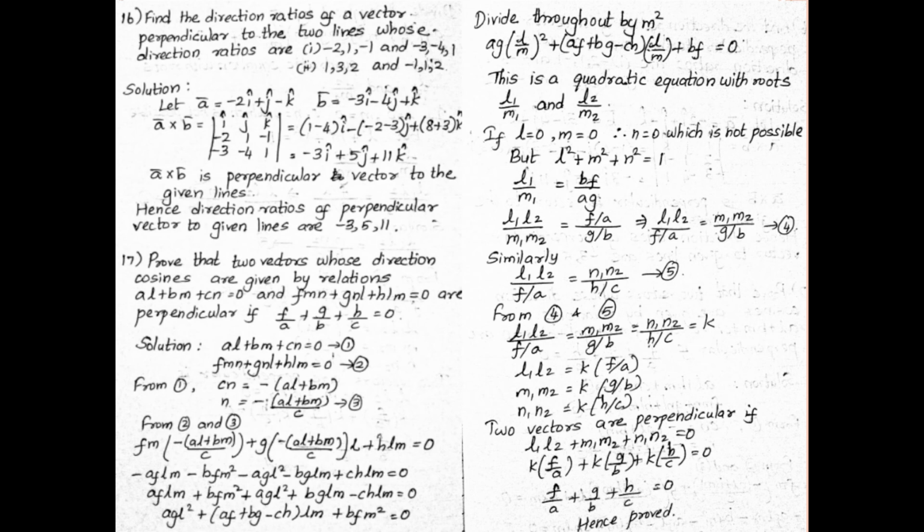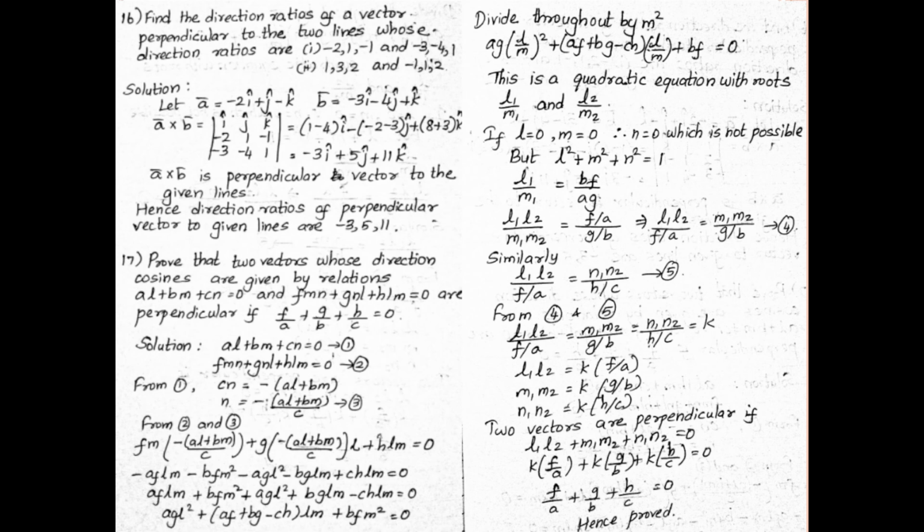Therefore, a vector cross b vector is perpendicular to the given lines. Hence, the direction ratios of the perpendicular vector to the given lines are the coefficients of this vector, that is minus 3, 5 and 11. Similarly, we solve the second problem as homework.